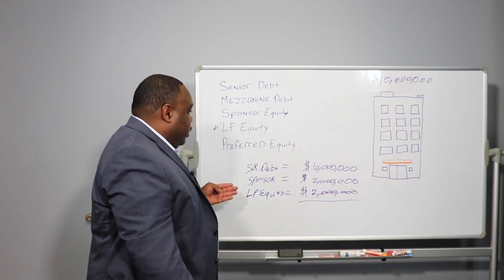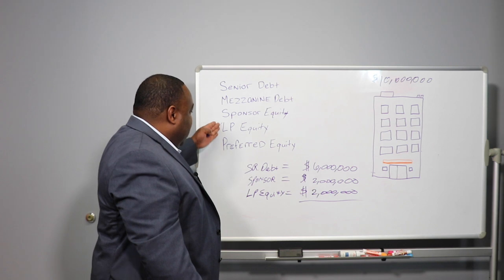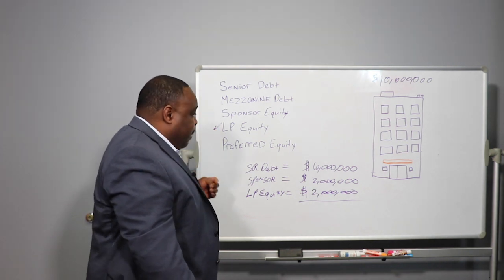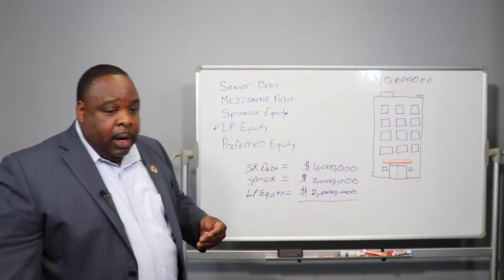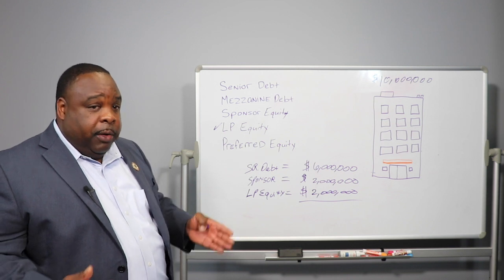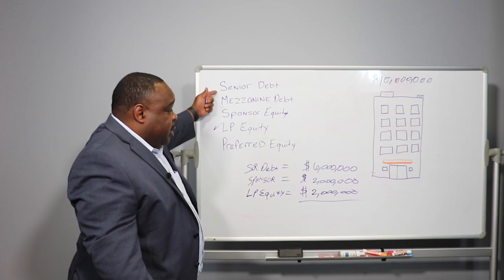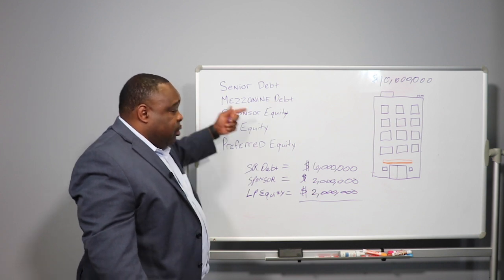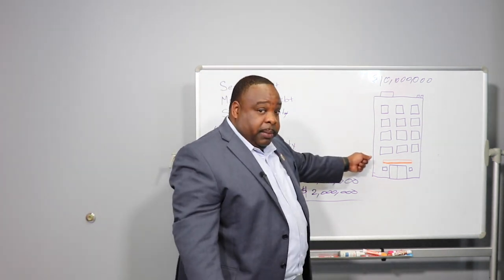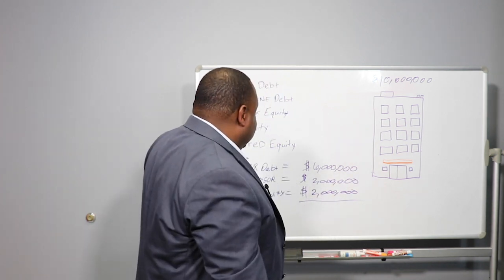So now we've talked about all of the 4 or 5 most common capital instruments that are used to fill out a capital stack. So we have your senior debt, that's the debt that holds the first lien position on that building. We have mezzanine debt.